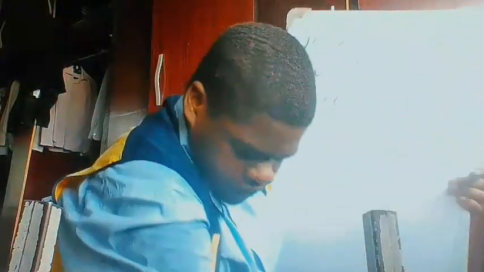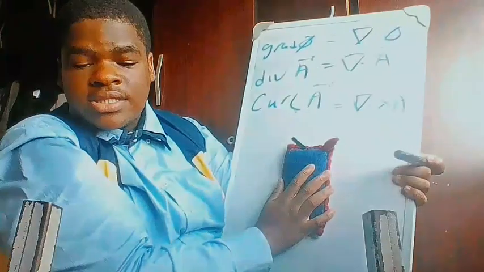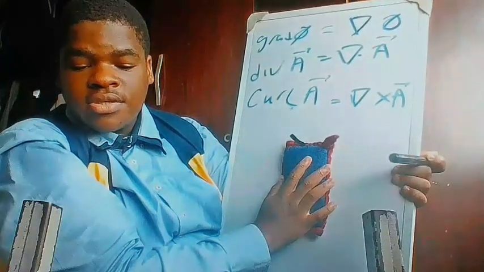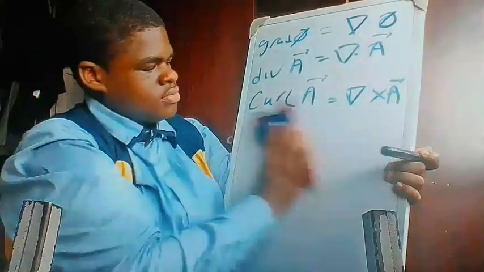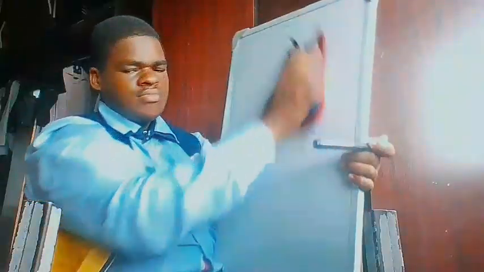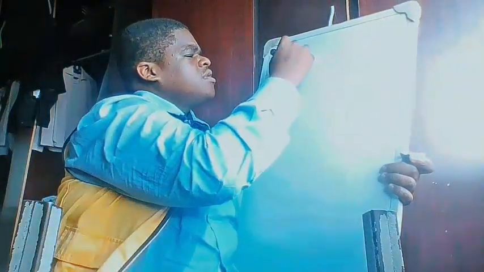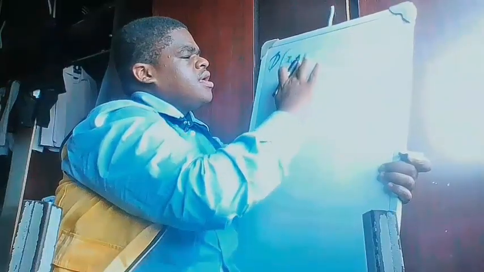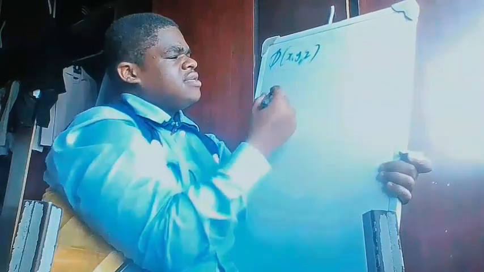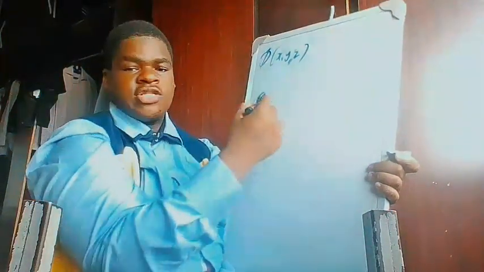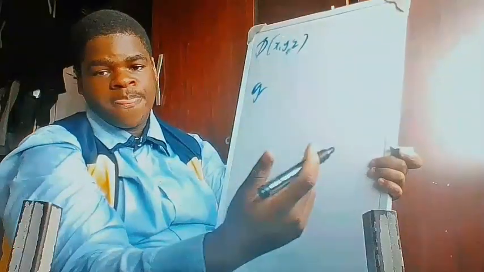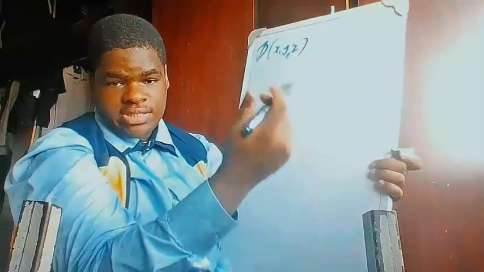Now let's solve questions 8, 9, and 10. Question 8. If phi of x, y, z... we don't use grad f of x. You can try to use it because phi is just a placeholder, but the standard is this.